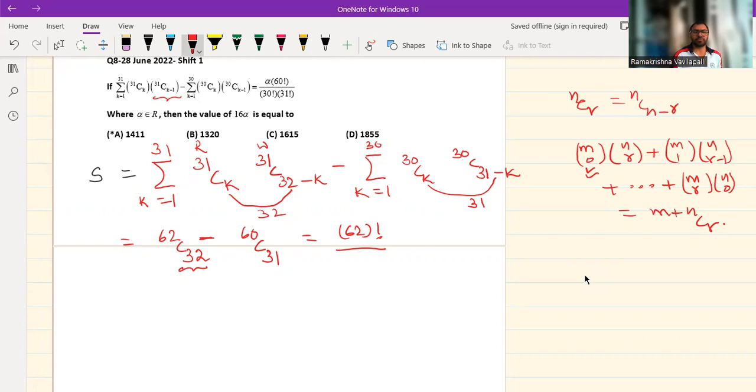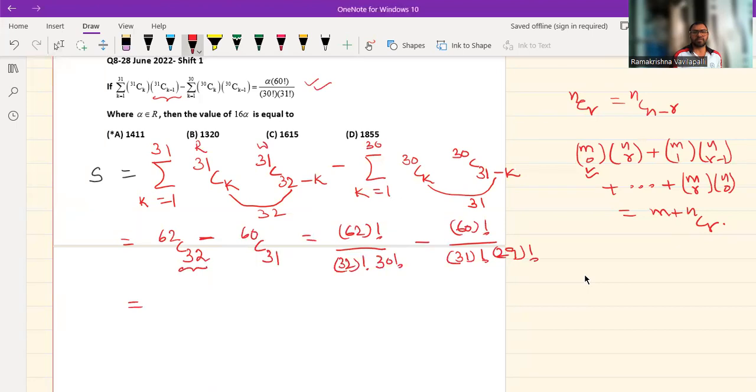So here 62 factorial by 32 factorial into 30 factorial, minus 60 factorial by 31 factorial into 29 factorial. We have to reduce in this way.